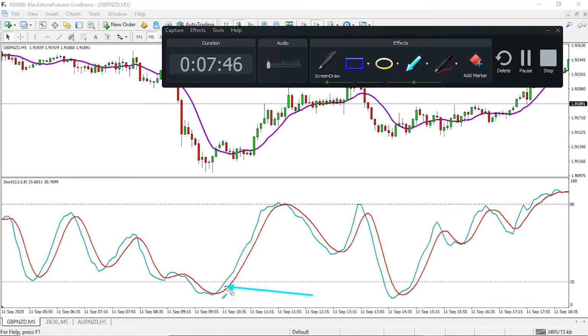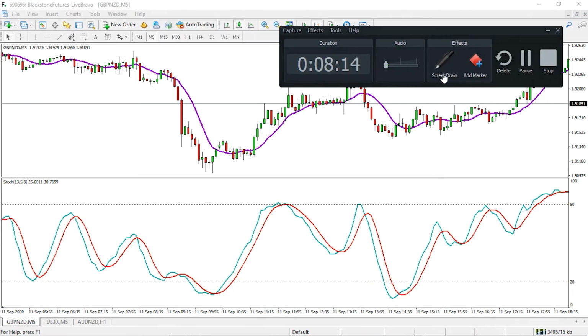So we've covered this a couple of times. The blue and the red line, guys, on the stochastic, those are essentially moving averages, and a moving average crossover for me does suggest that I have an opportunity. So I'm going to be using those particular crossovers as moving average crossovers to get into a trade.